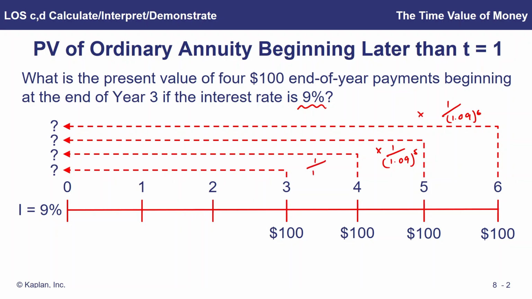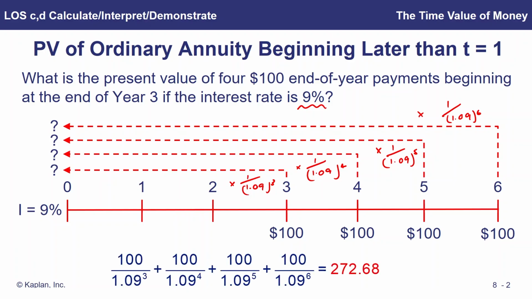This cash flow, 1.09 to the power of 4. This cash flow, 1.09 to the power of 3. Okay, so discount the cash flows one at a time. Take the future cash flow and multiply by your discount factor, and you can then sum it up and you get 272.68.